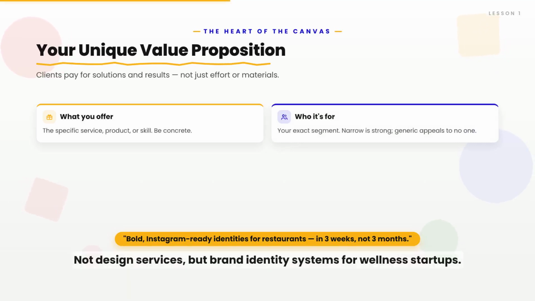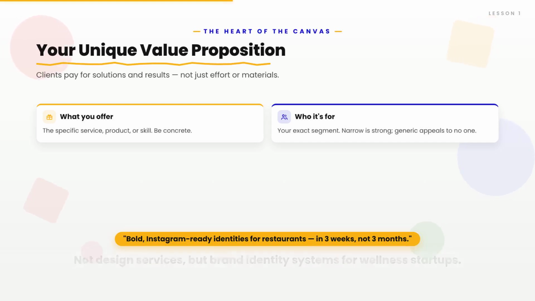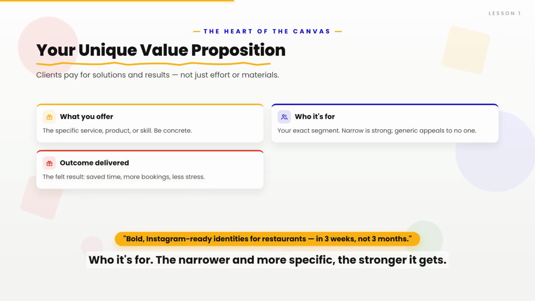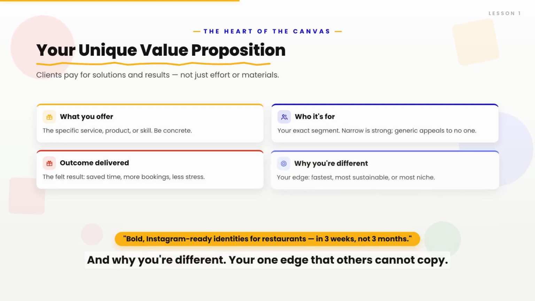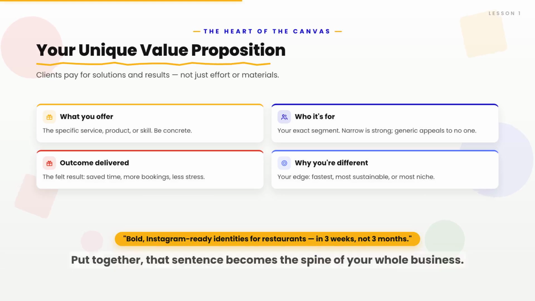Not design services, but brand identity systems for wellness startups. Who it's for. The narrower and more specific, the stronger it gets. The outcome you deliver. Save time, more bookings, or less stress. And why you're different. You're one edge that others cannot copy. Put together, that sentence becomes the spine of your whole business.